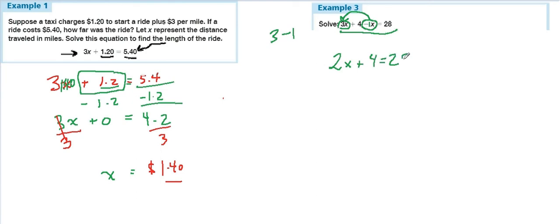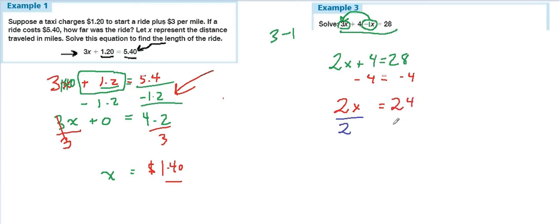We still have the plus 4 equaling 28. Now we're back to where we just did all this stuff here. We want to subtract the 4 from both sides first, and if it helps, you can put the equal sign here. Now we're at 2x equals 24. And I like that.